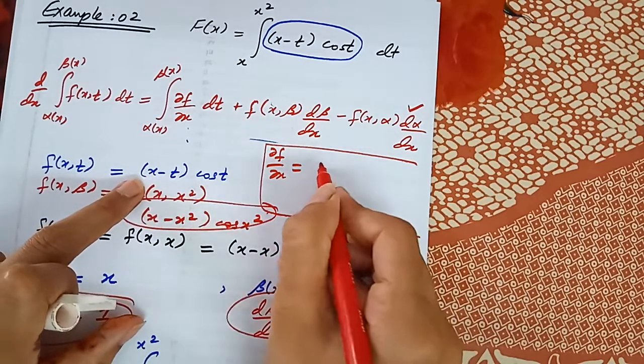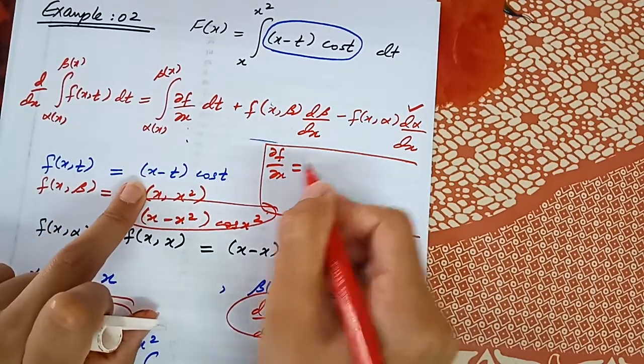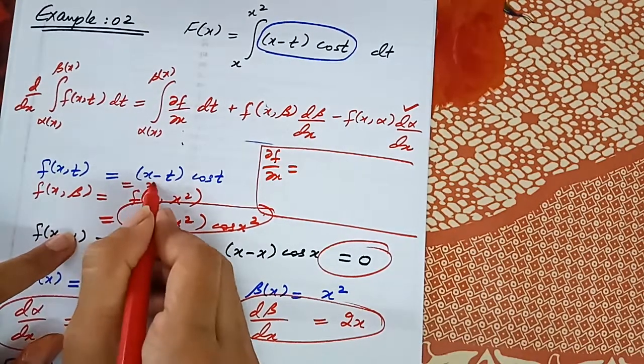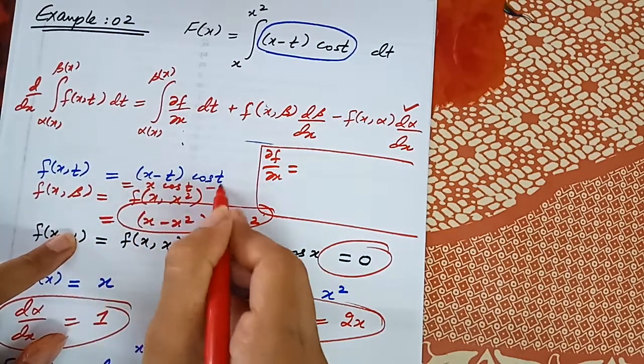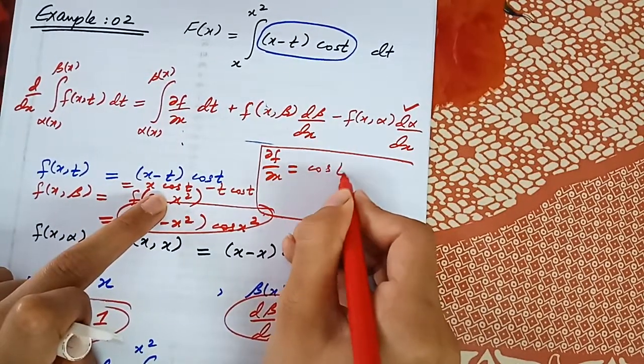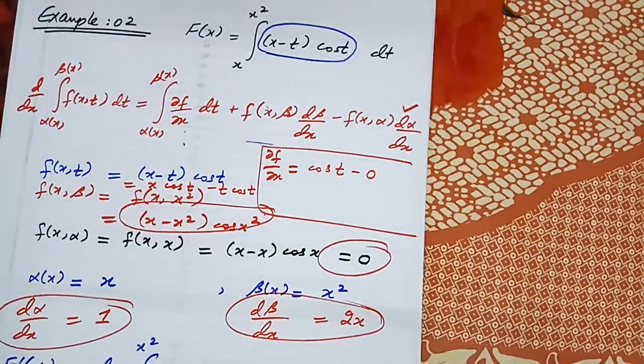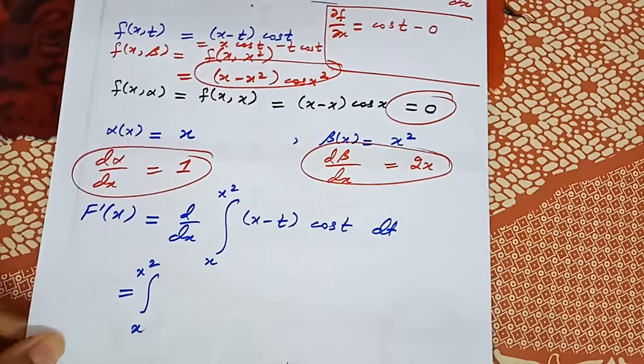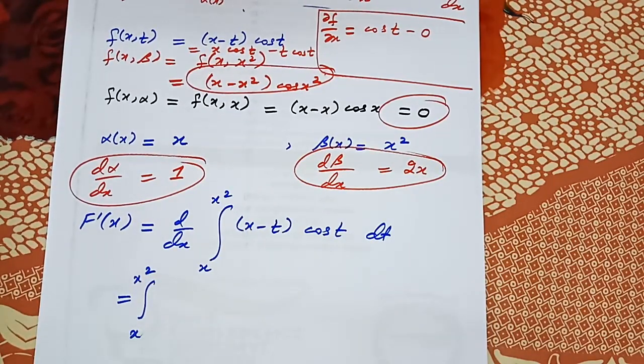You can split it as well, like x cosine of t minus t cosine of t. So its derivative is just cosine of t minus 0. So let's use this value here. It's going to be the derivative of f with respect to x, cosine of t dt, then plus f of x, beta.